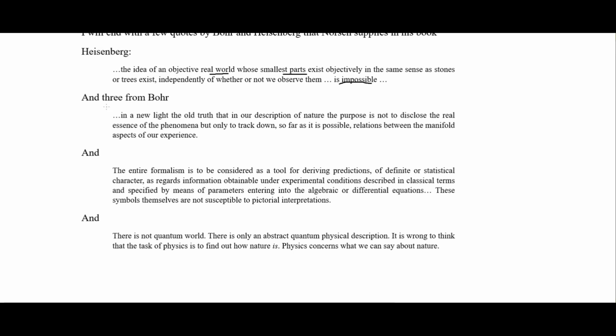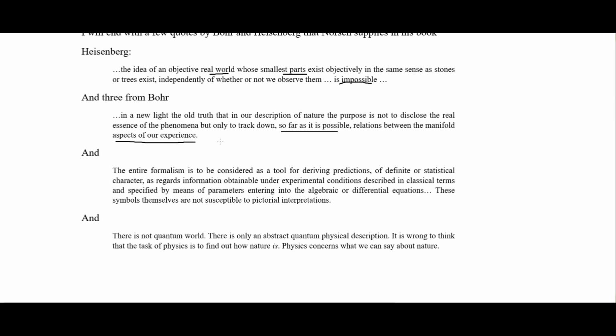Then three of them here from Bohr. So, in a new light, the old truth that in our descriptions of nature, the purpose is not to disclose the real essence of the phenomena, but only to track down, so far as it is possible, relations between the manifold aspects of our experience.